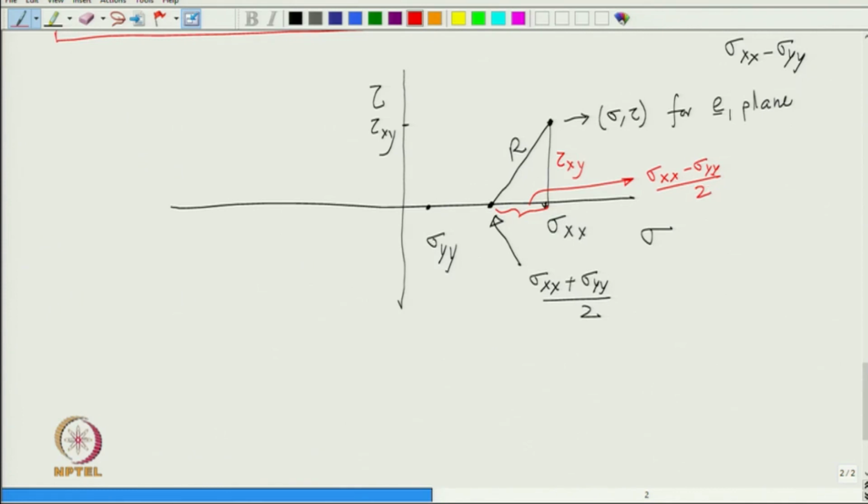Remember, the vertical line was tau x y, horizontal line was sigma x x minus sigma y y by 2, and so the hypotenuse is that radius r. So, once we have the center and a point for E1 plane, get your radius, draw the circle. All right. So, that is the circle.